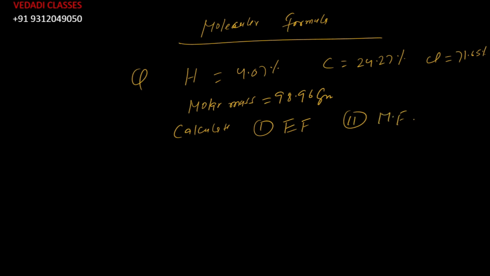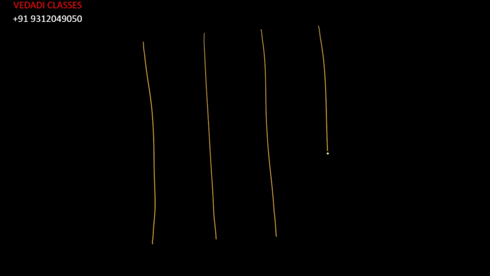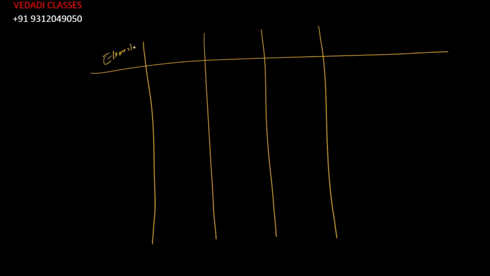So let's solve this question. First you will make columns just like this, 1, 2, 3, 4. Here we will write the elements they have given: carbon, hydrogen, and chlorine.